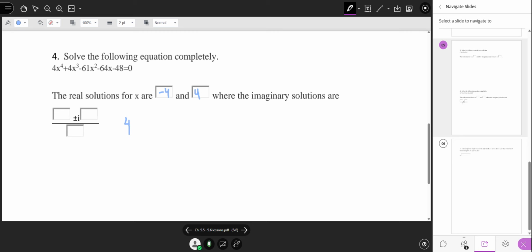So 4, 4, and notice I'm starting with the positive answer and not the negative one.